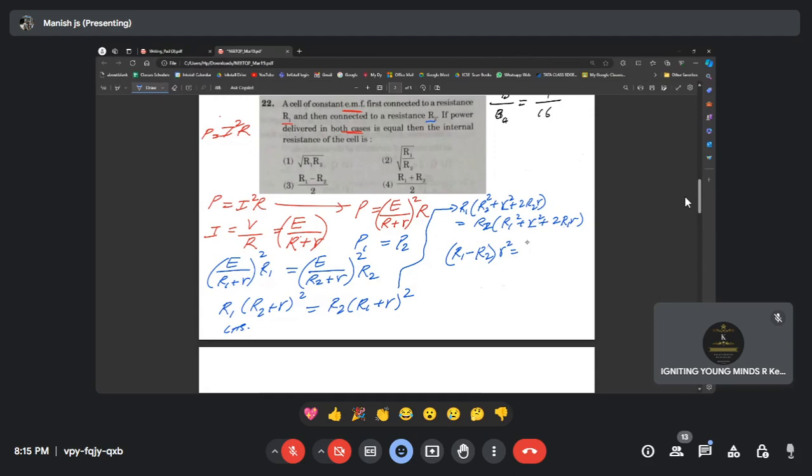So when you simplify that term, what happens to the right hand side? You will get R1 times R2 within brackets R1 minus R2. Okay, so I have simplified it.